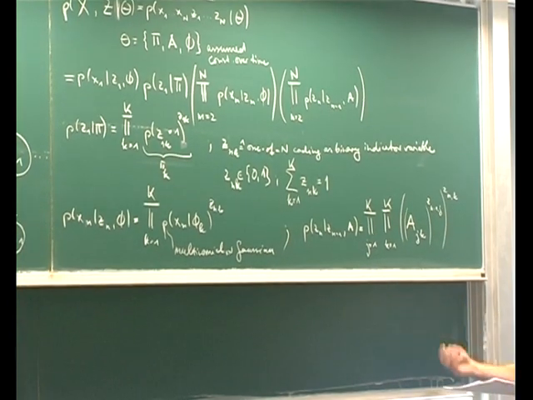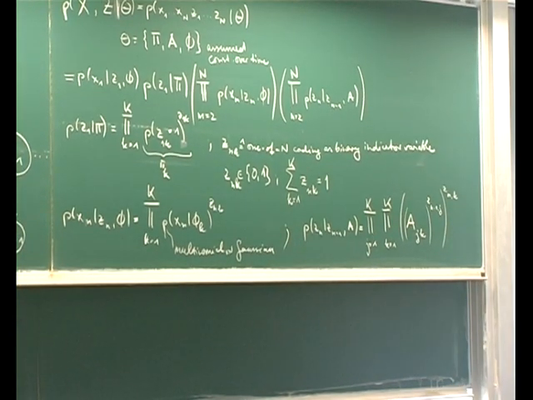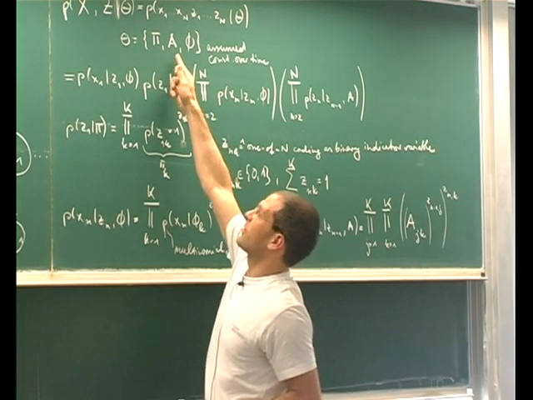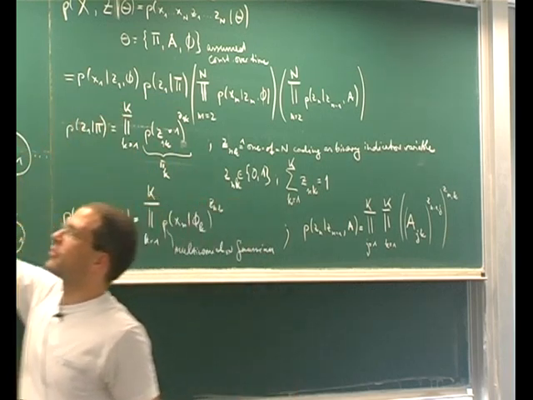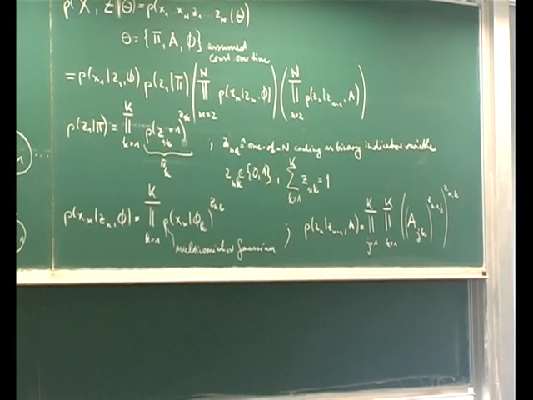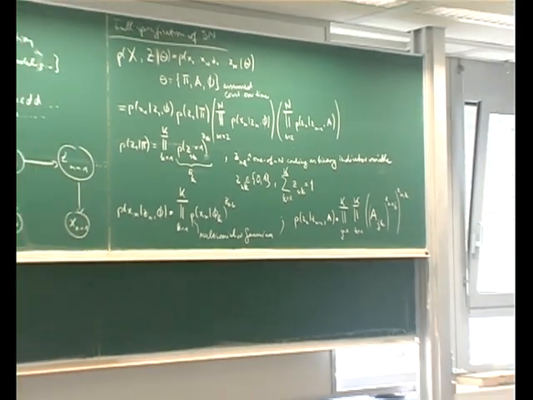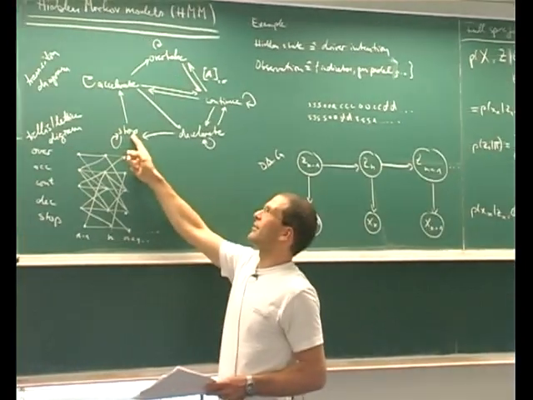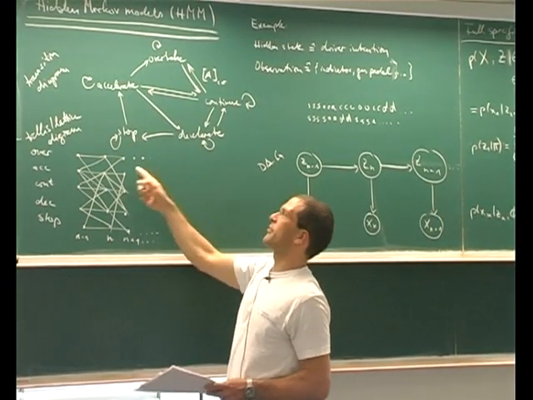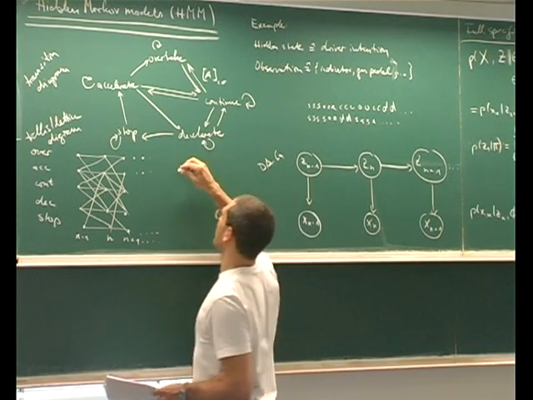Sorry, could you explain again what pi, A, and phi are? Sure. So A is the matrix of transition probabilities. So let's say, given that I'm in state stop, how likely is it that I go to any of the other states?